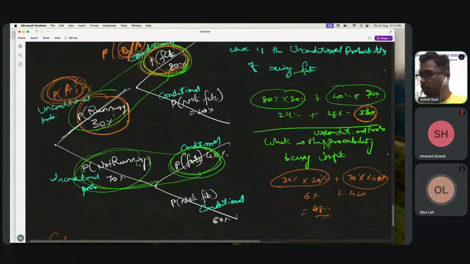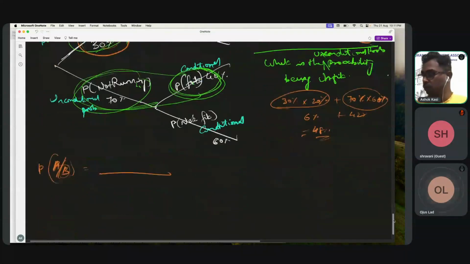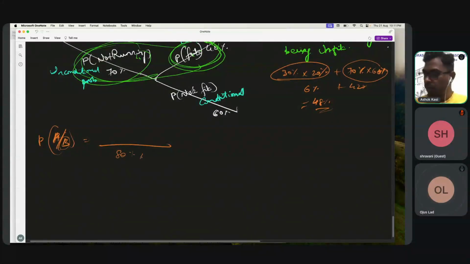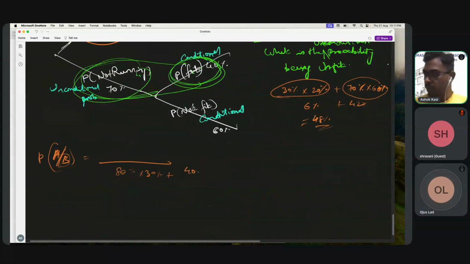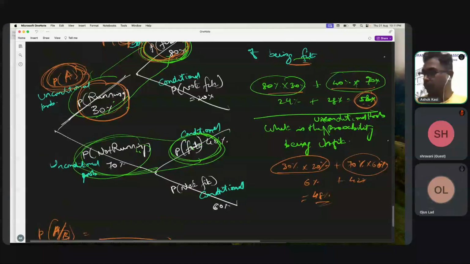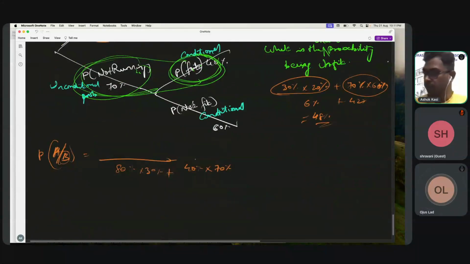Probability of fitness is 52%, right? So the unconditional probability is 80% into 30%, just copying this part, plus 40% into 70%. I'm deliberately writing like this instead of directly writing 52%. Why? Because you will come to know now. This is one group and this is one group.